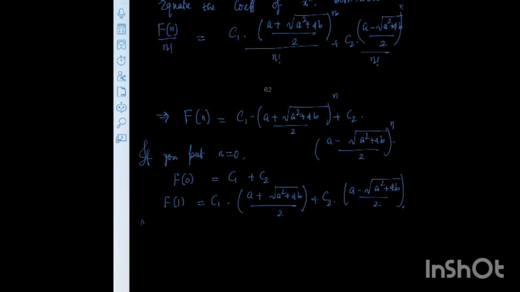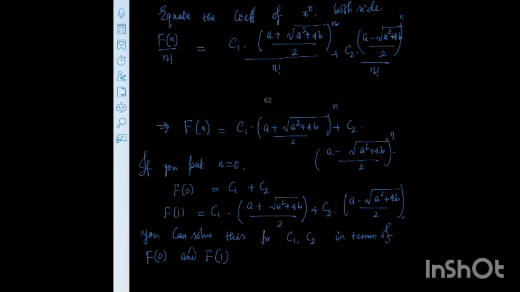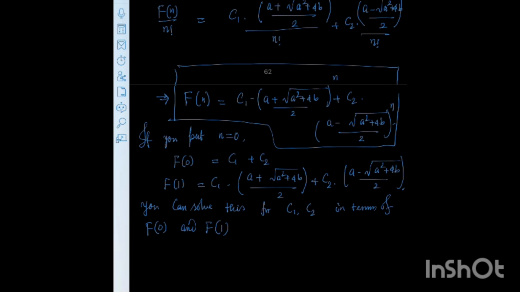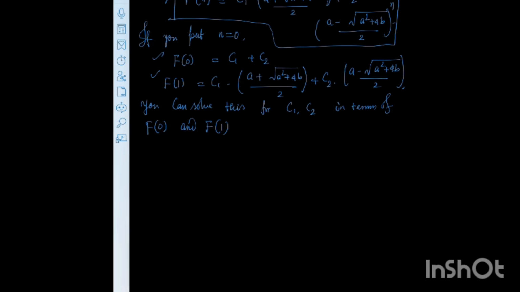So the point is you can calculate c1 and c2 by solving these equations, in terms of f0 and f1 and a and b. So the general formula for f(n) is this, where c1 and c2 can be computed by solving these equations.